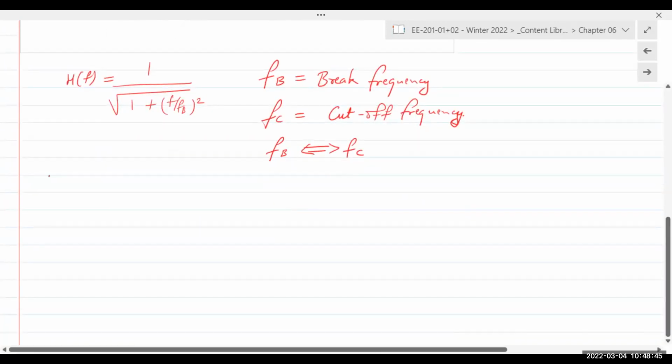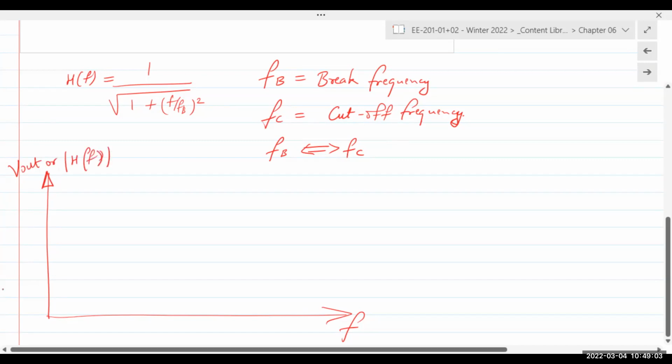If you plot V out over here, but it may as well be H or magnitude of H of F. So the x-axis will be frequency because now you're talking only in frequency.